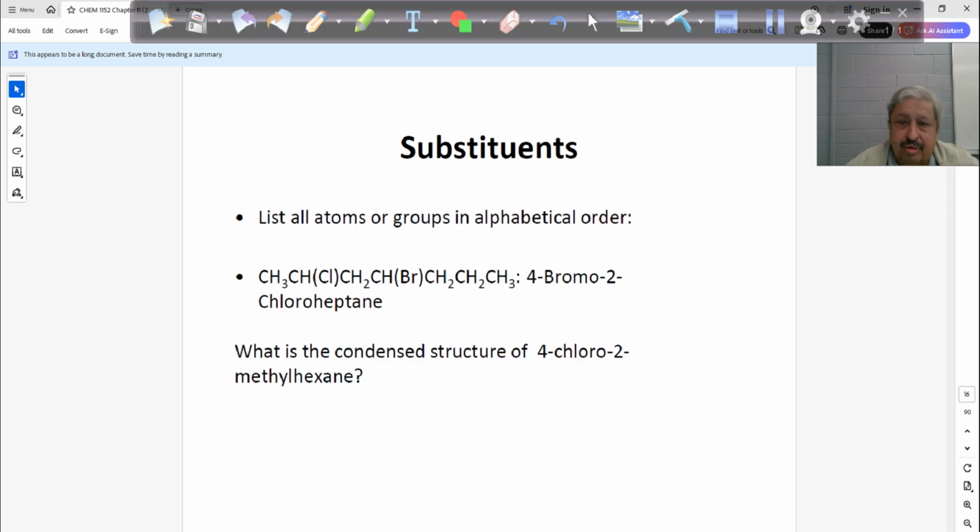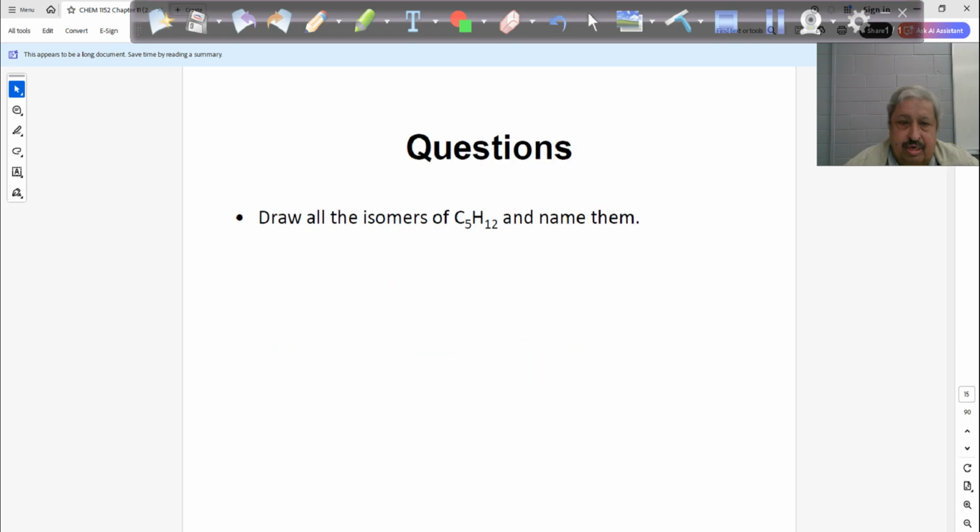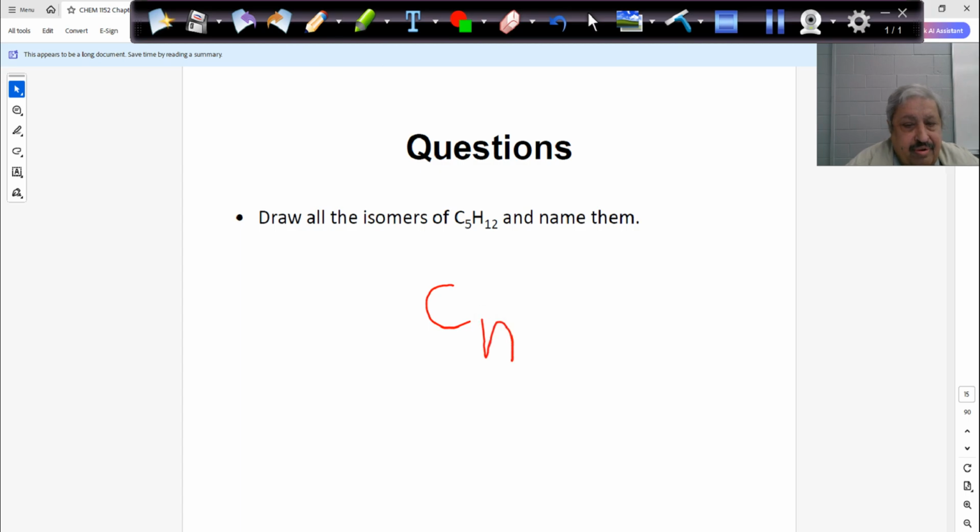So it says draw all isomers of what we call this compound. Somebody will name this compound, C5H12. You look at the alkanes. The alkanes general rule is CnH2n plus 2. That's for the hydrocarbon alkanes.